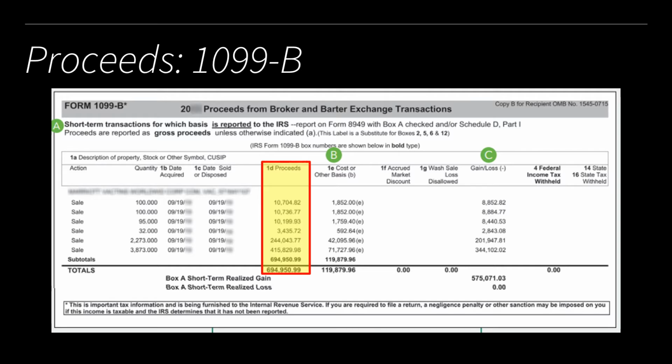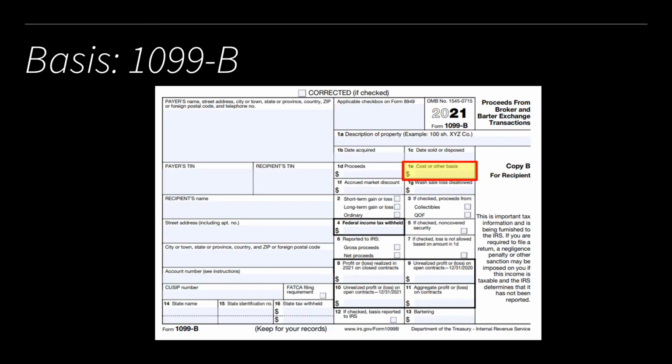But this is what the 1099-B would look like in a brokerage statement. And you can see that there are columns and rows. The columns usually have a number that corresponds to a box, which will correspond to an input field for TaxSlayer. So just knowing what that looks like is kind of helpful, I think.